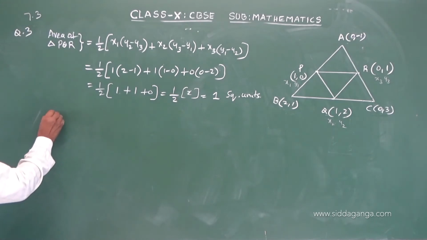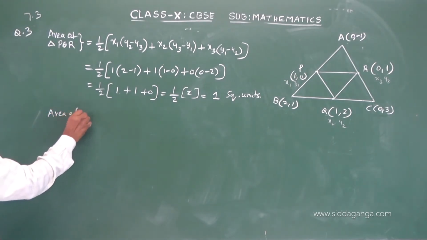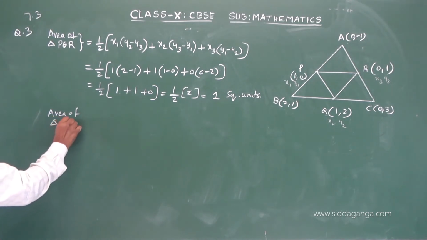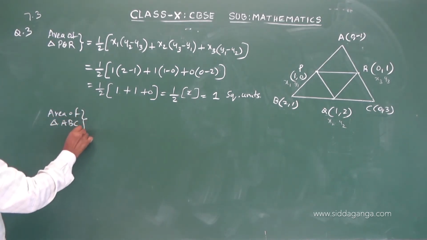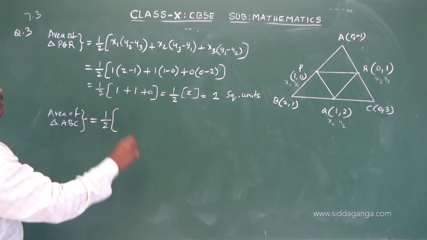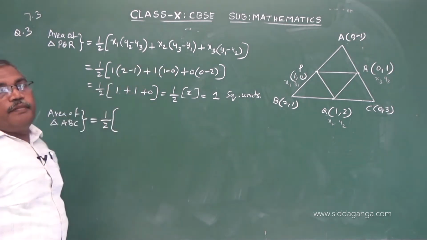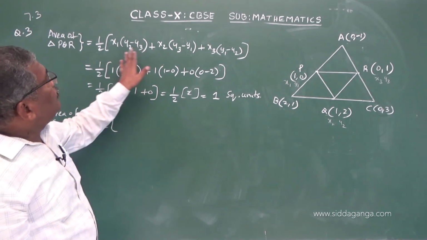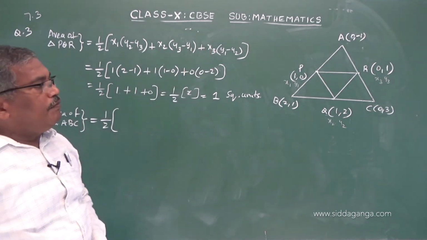So area of triangle ABC equals the same formula, half into x1 into (y2 minus y3), the same formula we have to apply.